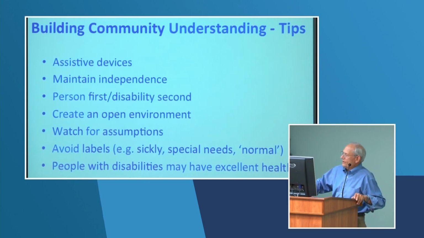We want them to try to maintain independence. So deal with the person first, their disability secondly. Create an open environment. Don't make assumptions. Don't assume that because someone is in a wheelchair they can't be mobile.